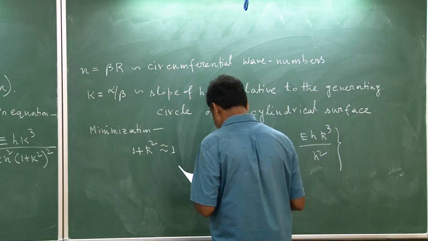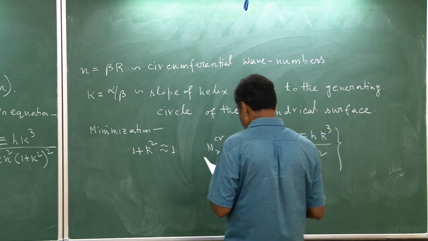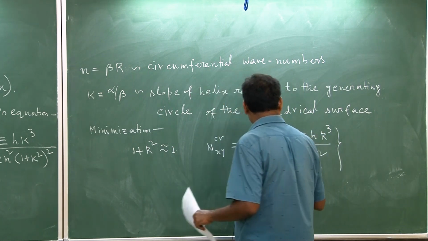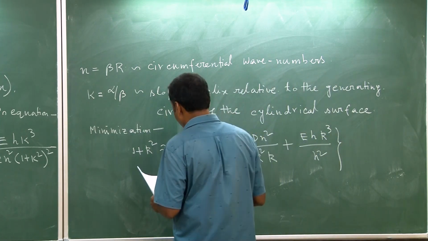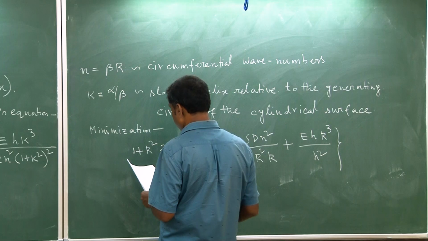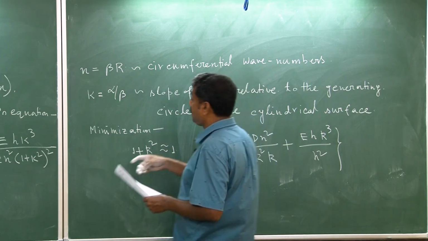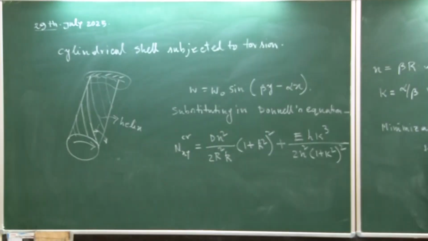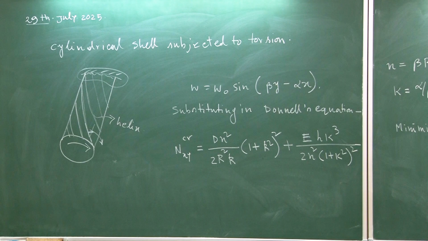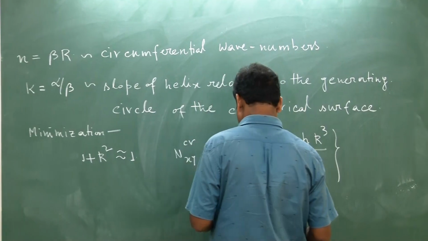Now, that can further be simplified. See, k is very small, 1 plus k square can be taken as 1, because in this expression 1 plus k square was 1, no? So, that is what we have substituted. So, ultimately, this expression we get.